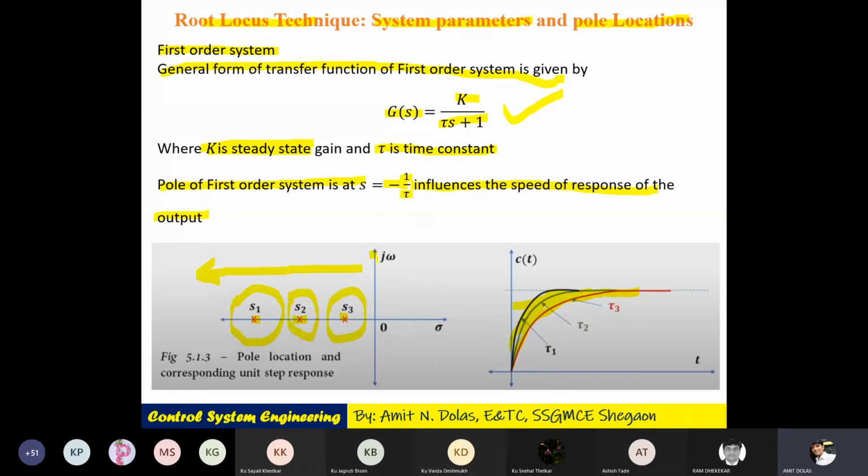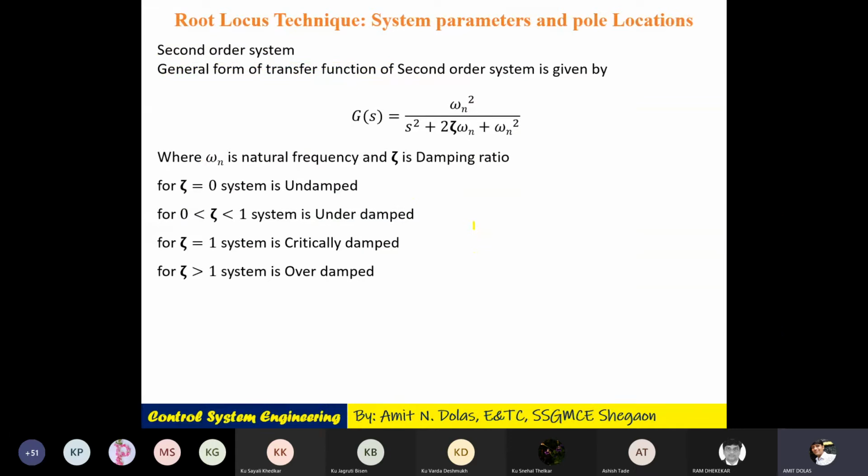And we have seen the significant and insignificant pole. One of the poles we neglected, because of the time constant. We saw the reduction of the transfer function, or the equivalent transfer function we derived. Please refer to that, you will get an idea about this.